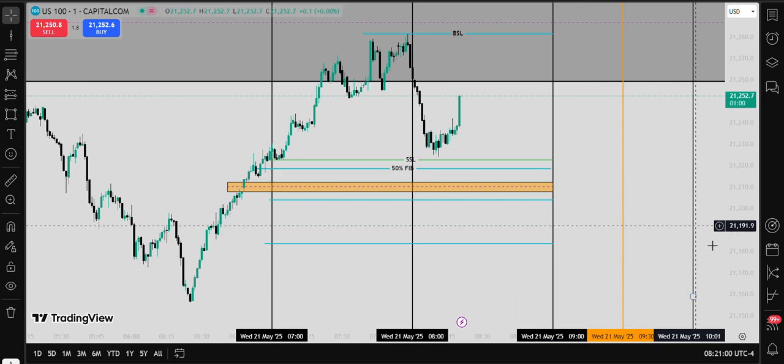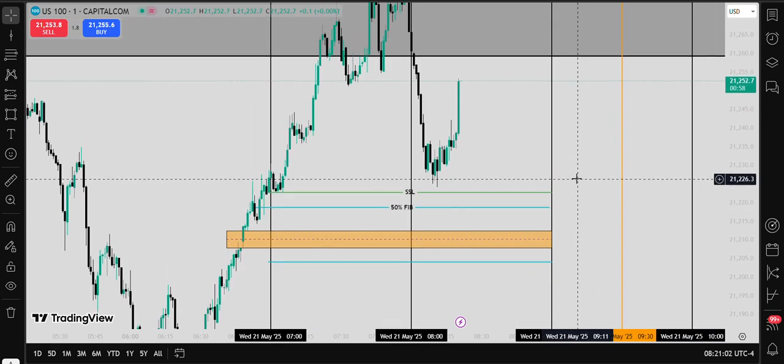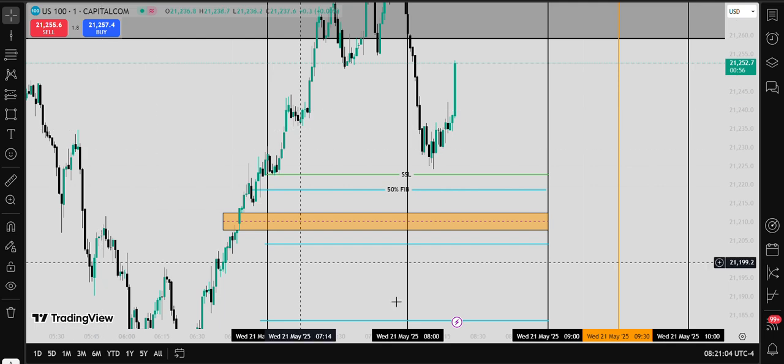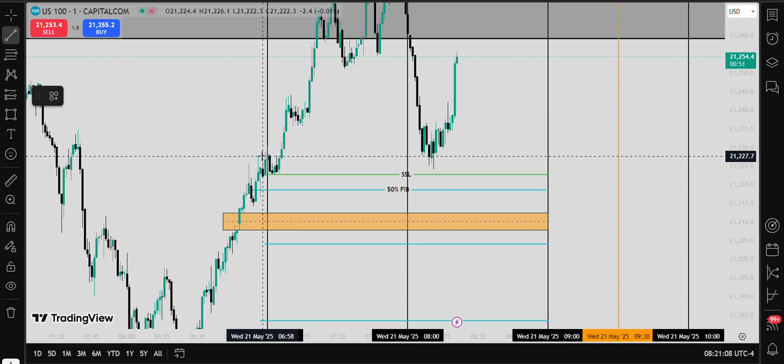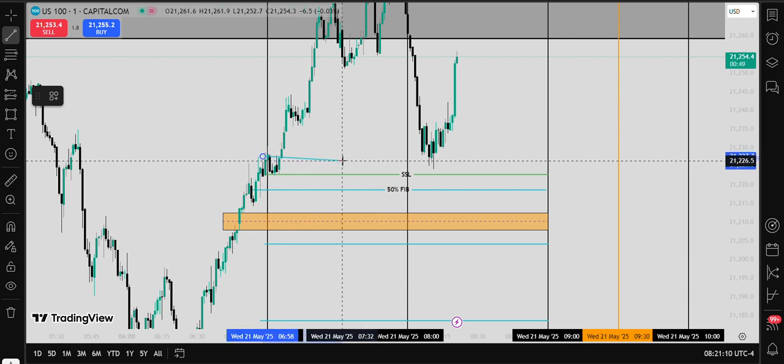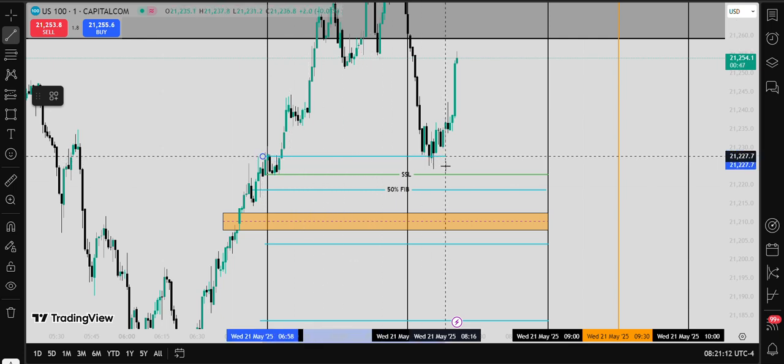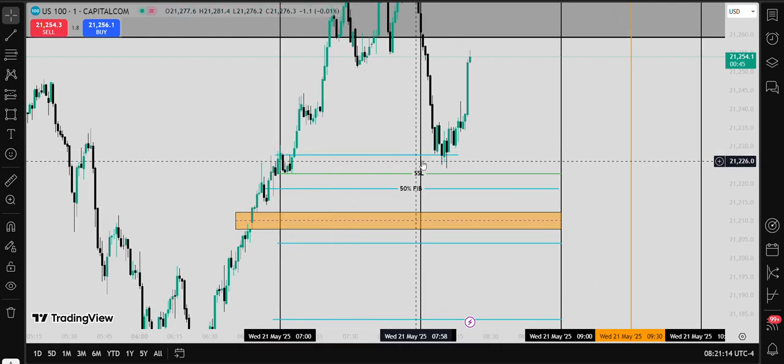Let me just show you what's happening here so that you're not surprised. If you look keenly, we can see that this was a down close candle, and the market actually respected it.